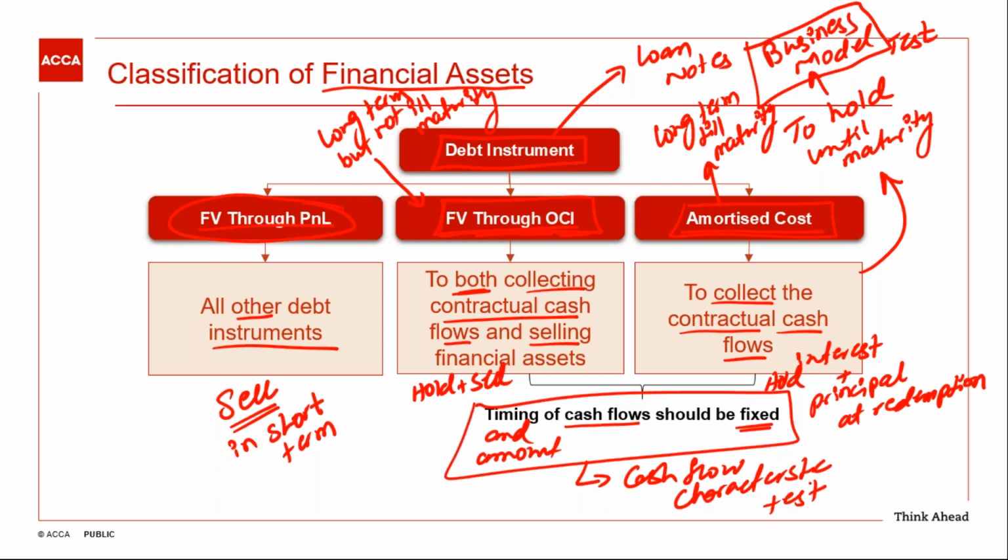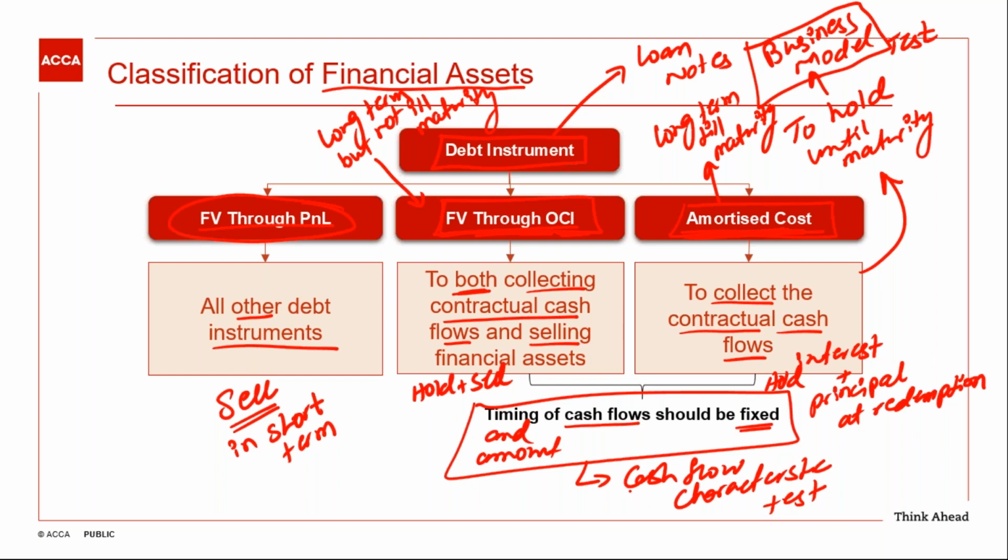Ali Khan is saying for being OCI, it should pass three tests: business model, cash flow and fair value. Ali Khan, there are two tests only. To be classified in amortized cost, there are two tests: business model test and cash flow characteristic test. There is no third test for that. Sabha is asking what is CF test?